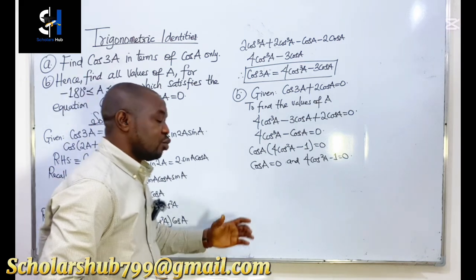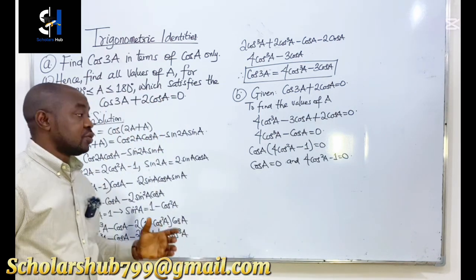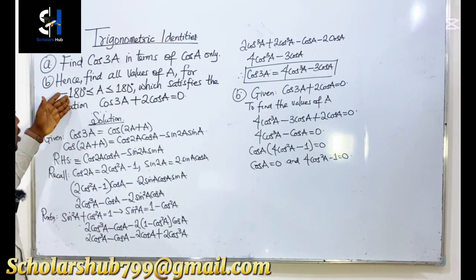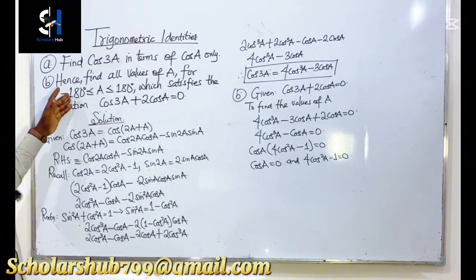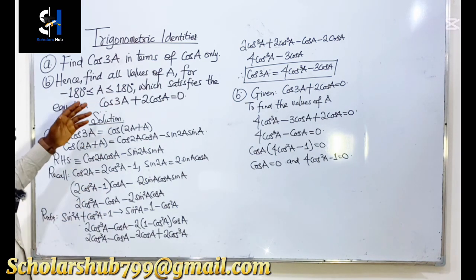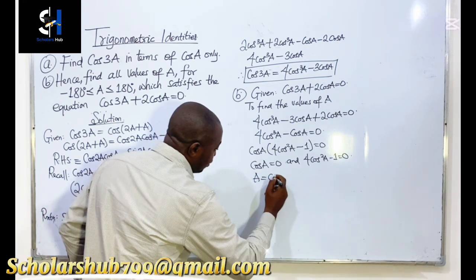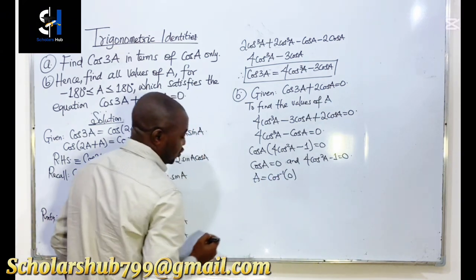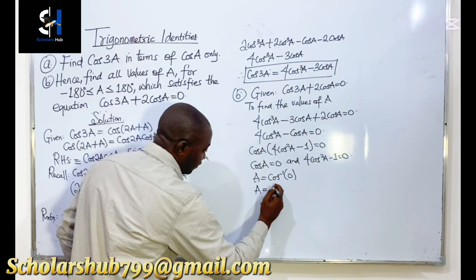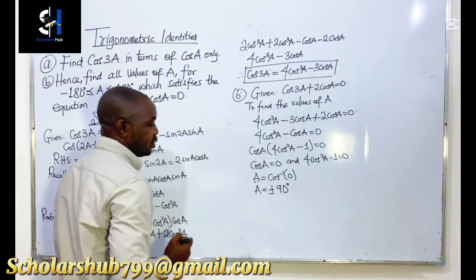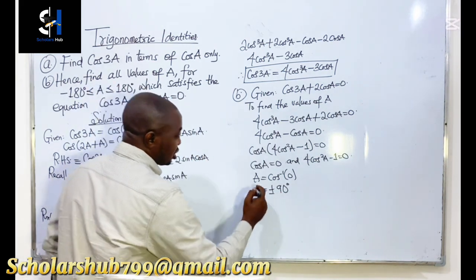Now, remember, we want to find the values between negative 180 degrees and 180 degrees. So for the first one, the value of A, when it comes to cos inverse of 0, the two values of A will be plus or minus 90 degrees.